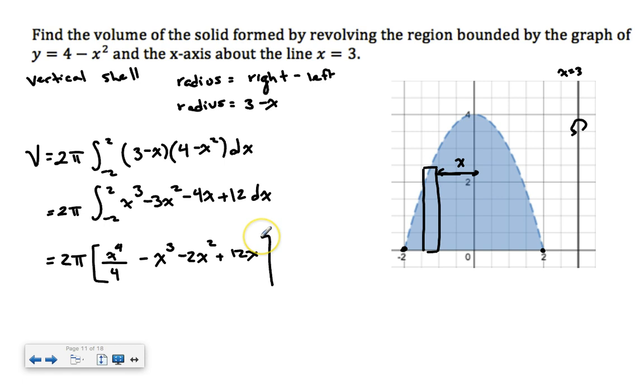And that's being evaluated from -2 to 2. For the sake of time, I'm not going to have you guys plug that in, so I'll tell you, after you evaluate 2 in this and subtract out when you evaluate -2 in and multiply by 2 pi, the volume of the solid will be 64 pi units. And you can get that using a calculator.